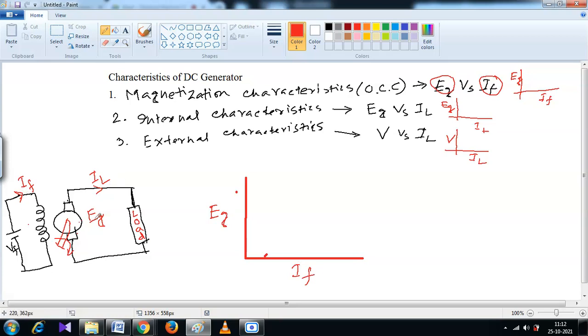How much field current is provided and how much generated voltage is produced. Then we make a graph between these two quantities. These characteristics are called open circuit characteristics, and it is shown like that.